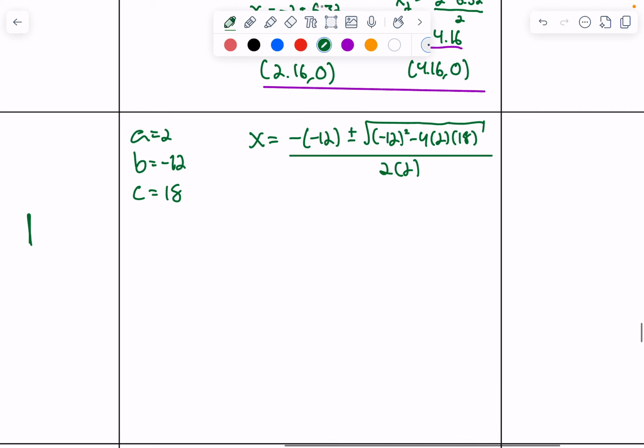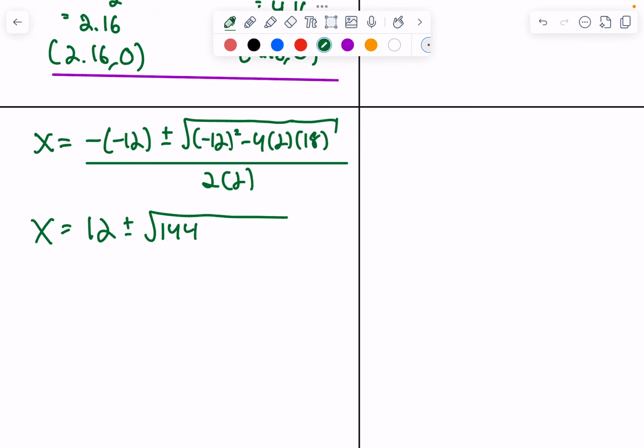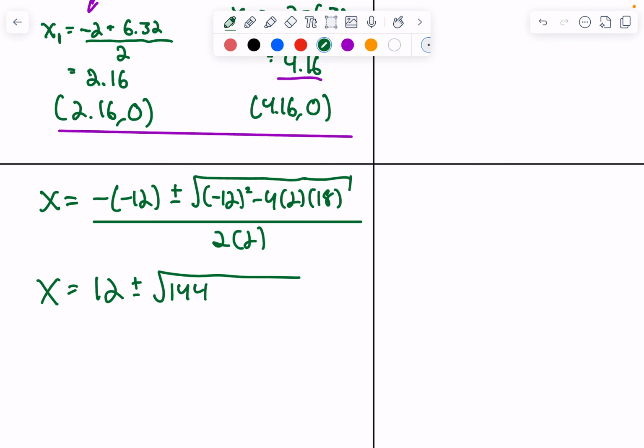All right, so we get x equals, and then negative 12 times negative 12, that's actually just 12, plus or minus, well, negative 12 squared is 144, and then minus 4 times 2 is 8, and then 8 times 18, that's 18. So we have 8 times 18, which should be minus 144. And then we divide all of that by 4.